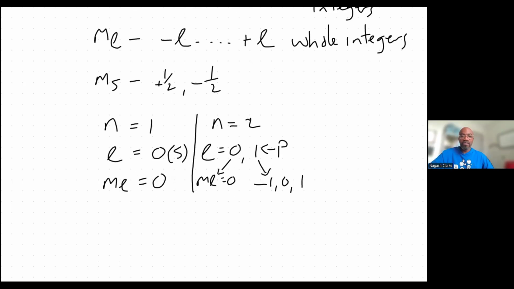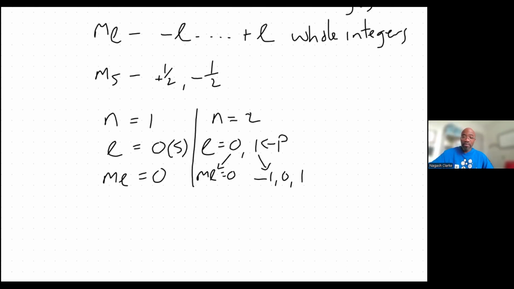So you could think of these orbitals like a building. You think of your atom as a building. And then the floors in the building are your n's. So you have the first floor, second floor, third floor. And then think of the rooms as your L's.